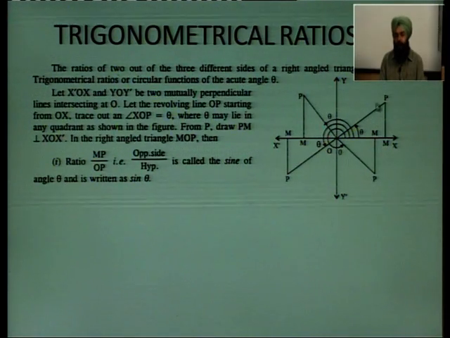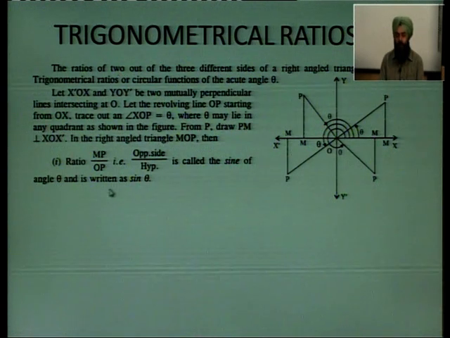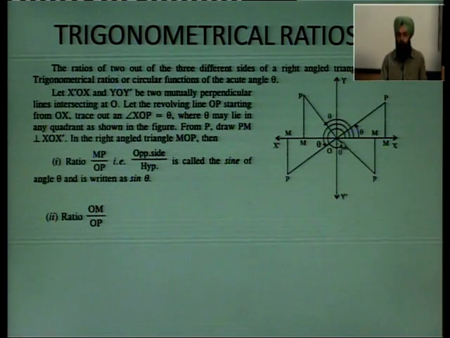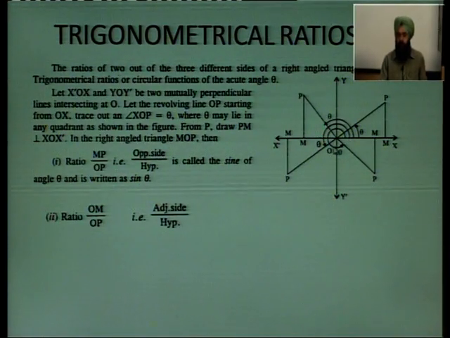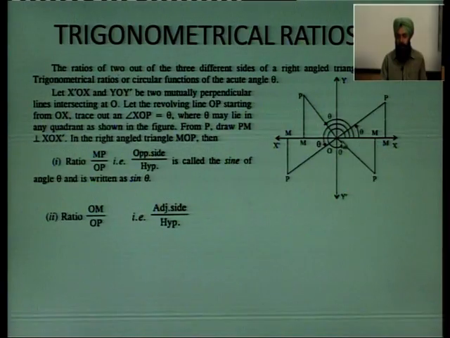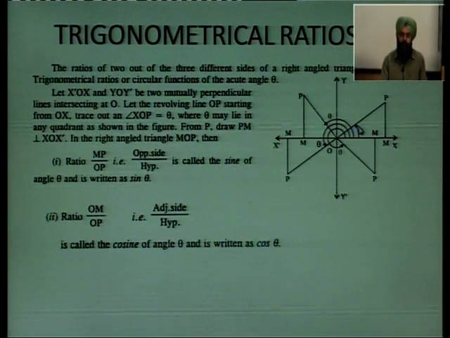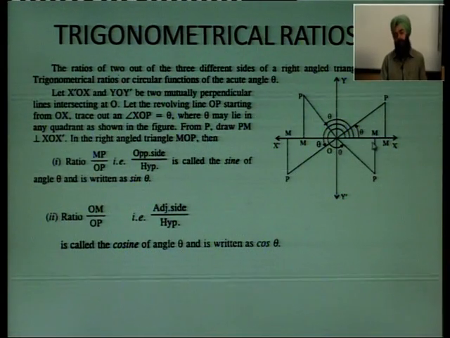This ratio MP by OP is called the sine of angle theta and it is written as sin theta. In the same way the ratio OM by OP, where OM is the adjacent side, divided by hypotenuse OP, is the cosine of angle theta and it is written as cos theta.